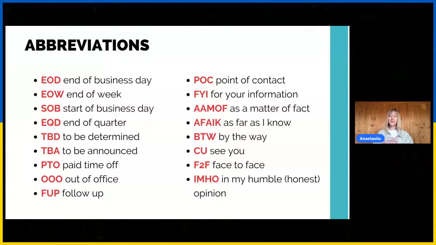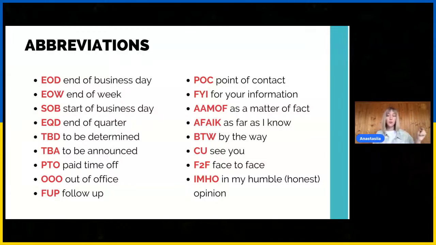And the last but not least here is abbreviations. Probably you have seen some of them, and probably you have even used some of them. But again, the golden rule here is not to use too many abbreviations, because in this case, it will just blow somebody's top. I will explain a couple of them from this list so that you could understand in what context you can use them.